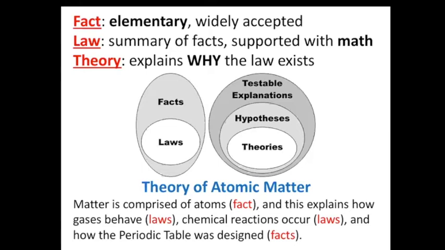That's basic. It explains how gases behave. Remember the ideal gas laws, PV equals nRT. Chemical reactions occur. Those can be explained by formulas. And the periodic table is arranged by observable properties. All that put together explains atomic structure, the theory of atomic matter.